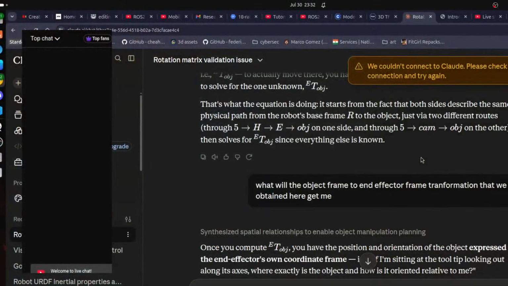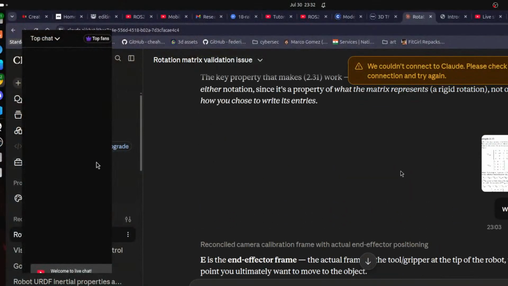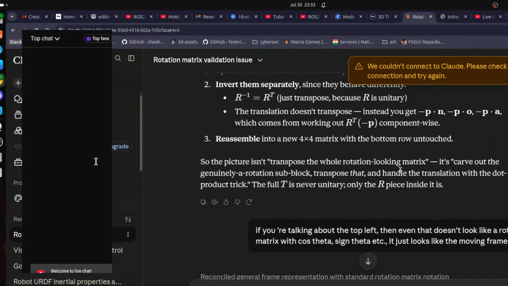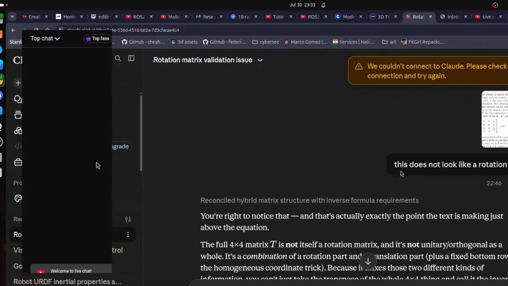Now I'll just copy what rotation matrices are.